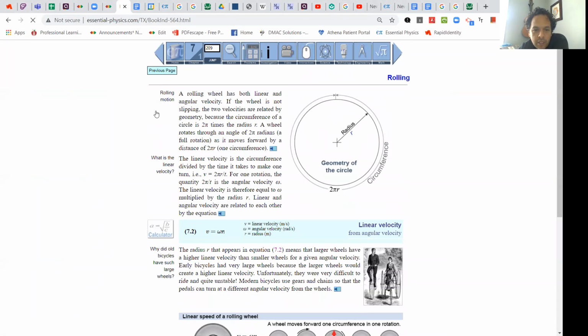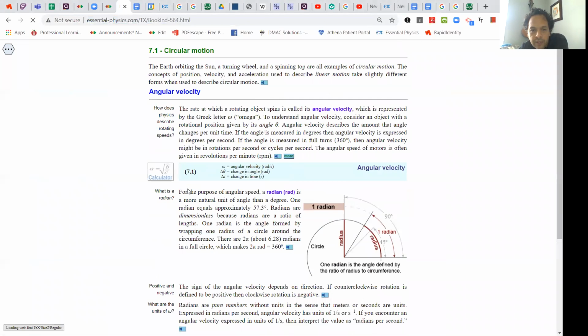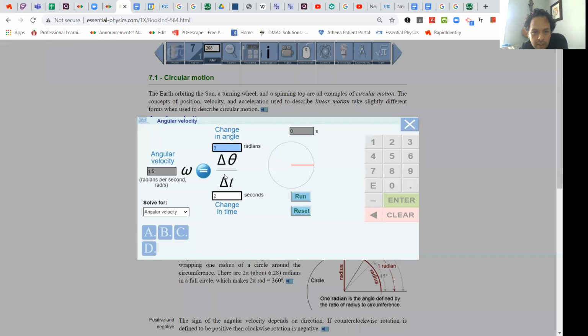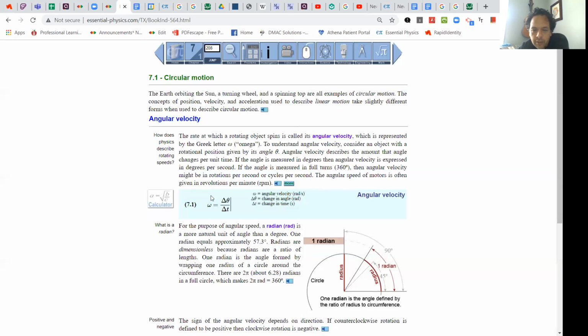For the first couple problems, it's angular velocity. You can use this calculator to input your numbers, and you'll get the angular velocity. You could also change it to solve for a change in time or a change in angle. You can use that, or you can use Desmos, whatever you like.